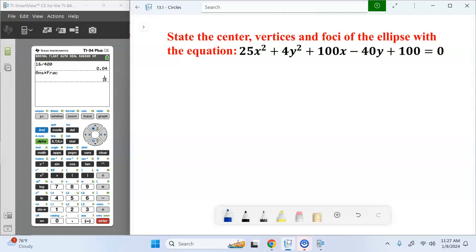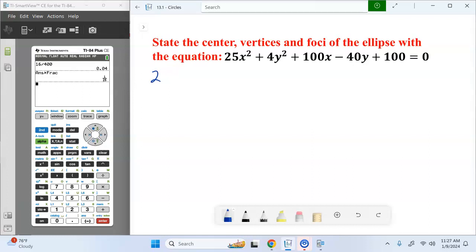So with circles and with ellipses, what's our first step for getting it into standard form? Group our x's and y's. What else? Fraction will be that last part.